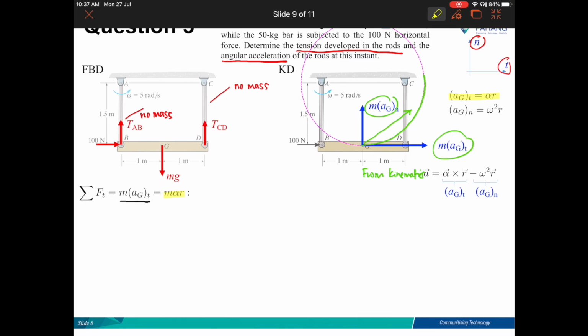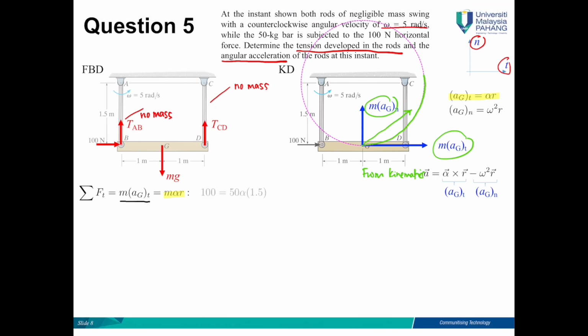That is our first equation. In this case, tangential is pointing to the right, so we have the 100 Newton force.